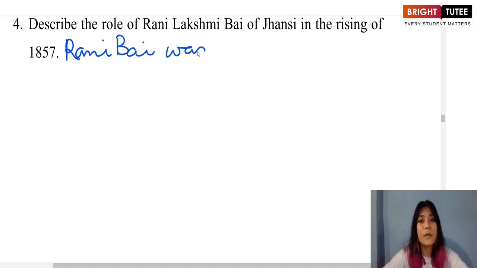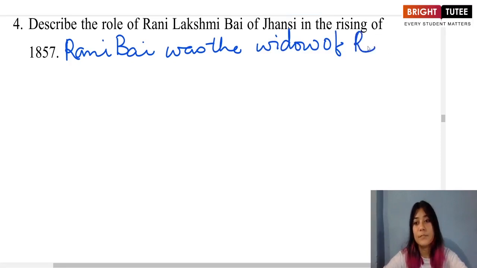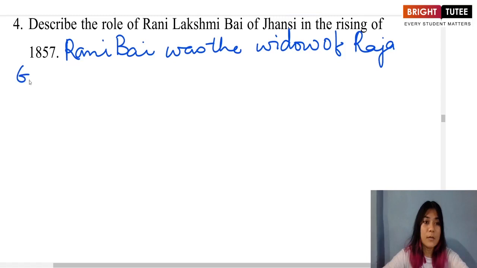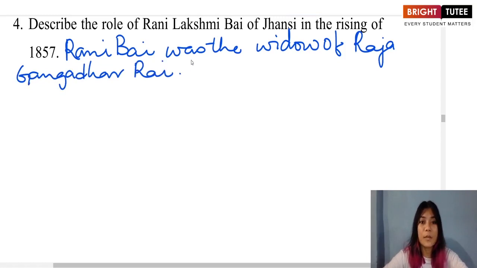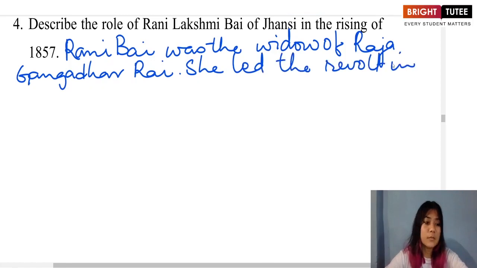She was the widow of Raja Gangadhar Rao. She led the revolt in Jhansi.